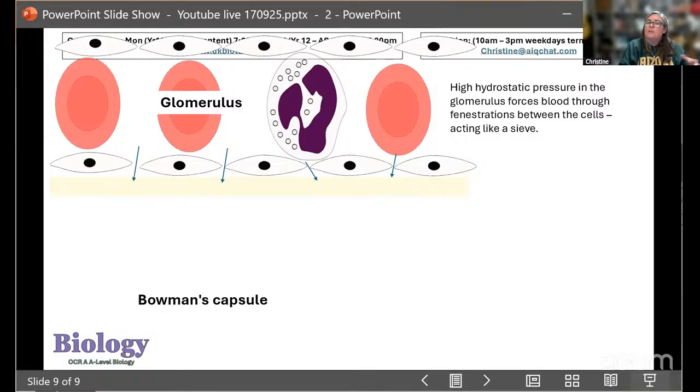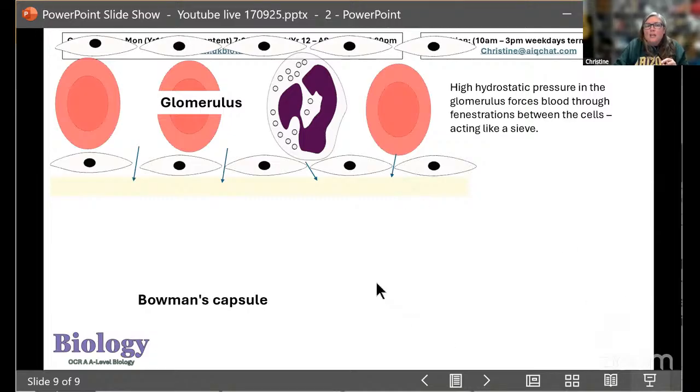Ultrafiltration occurs at the glomerulus. So basically, we've got high hydrostatic pressure. The hydrostatic pressure is greater than the oncotic pressure. So it's going to force all these substances that are small enough through these gaps, these fenestrations between the endothelial cells.